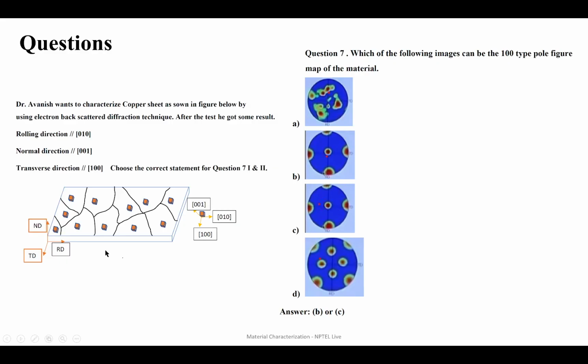Here a proper pattern is not created, but here we have proper patterns in the 100 direction. So the answer will be B or C.